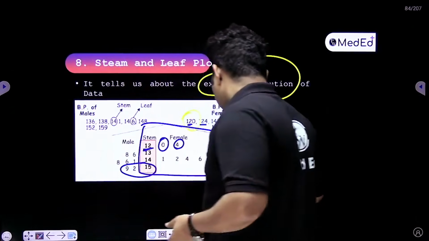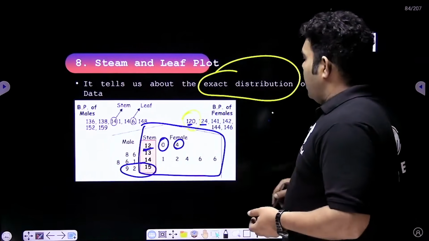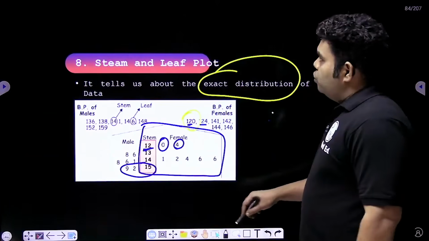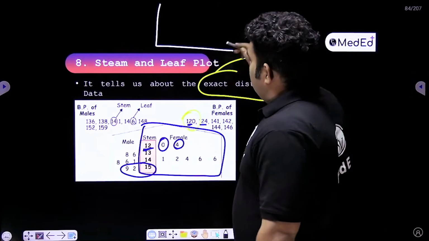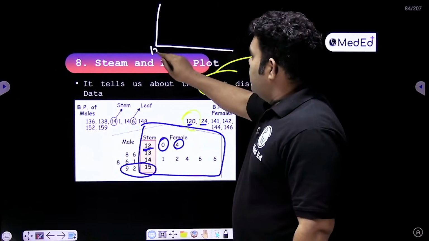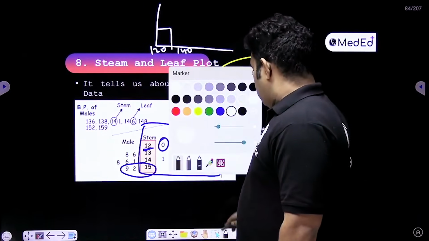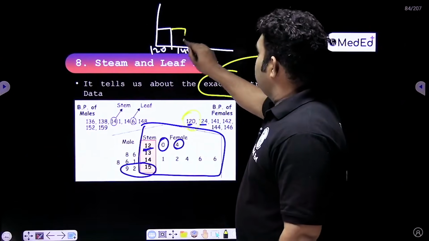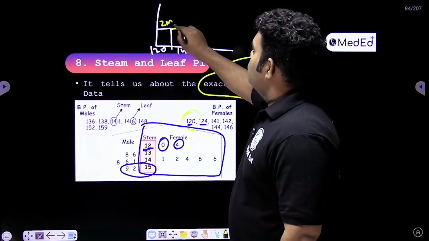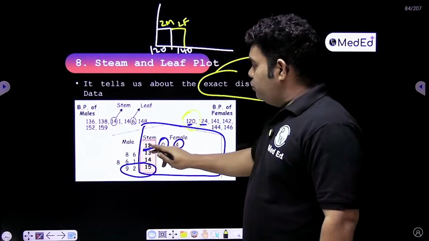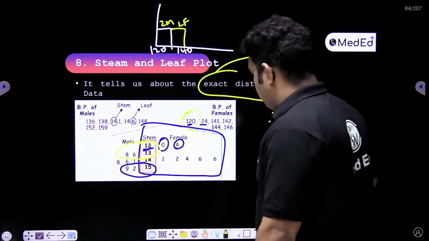Suppose for the same data, I am drawing a histogram. To draw the histogram, I can say it's 120 to 140: 2 male and 2 female. Only 2 male, 2 female are between 120 to 140 if you see.